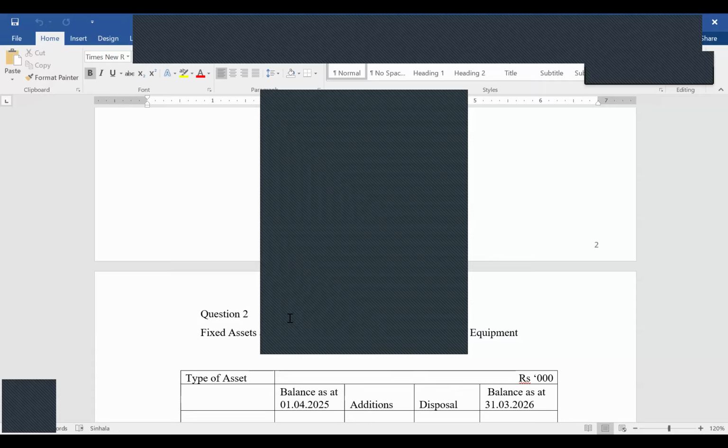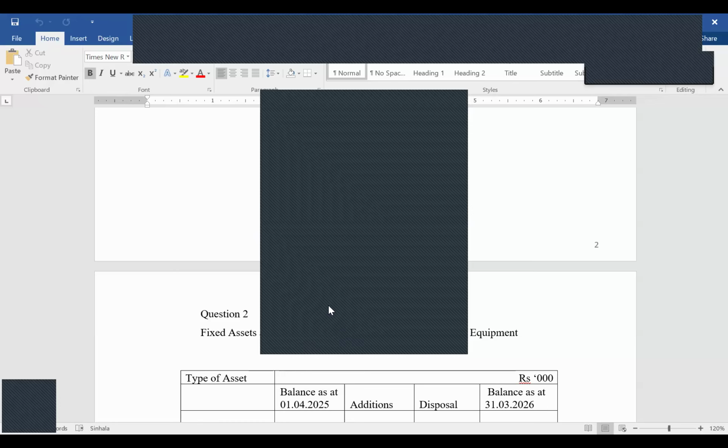Yes, I will share the answer sheet. I'm sorry, I can't remember how to include it in the chat box. Can someone help me to do it? I'm sorry, my technical knowledge is very low. I can share it by email or WhatsApp, but I can't remember how to add it into the chat box.